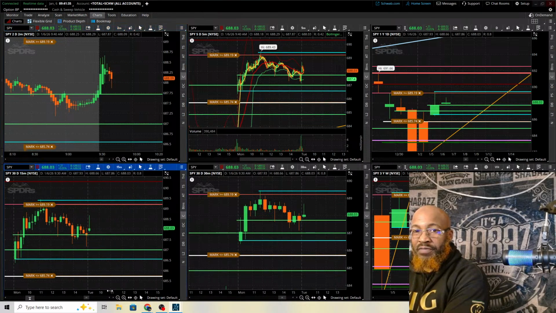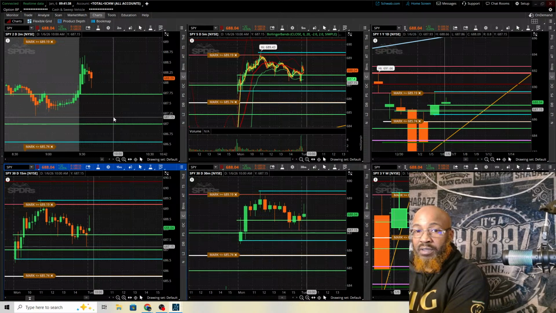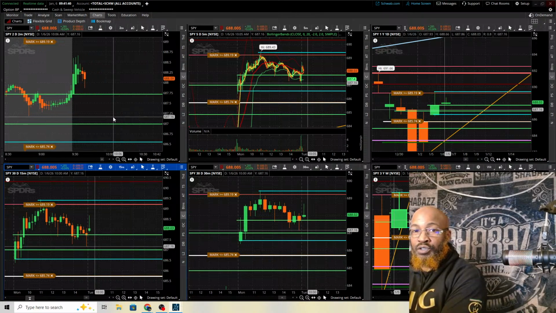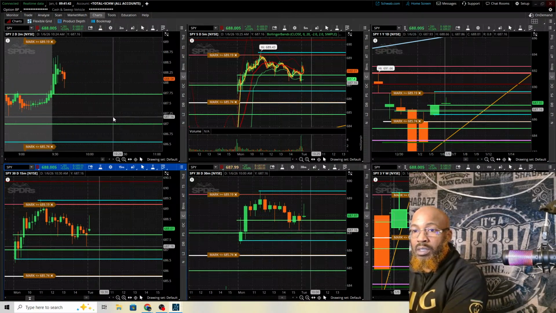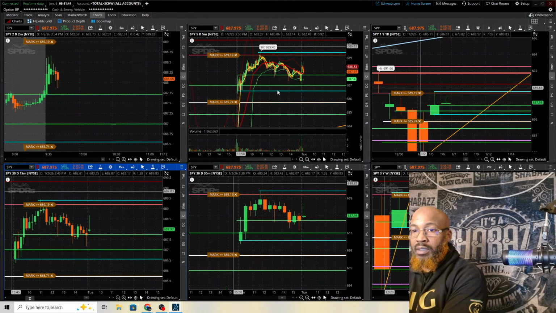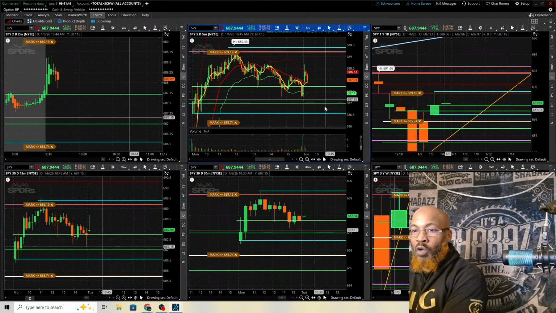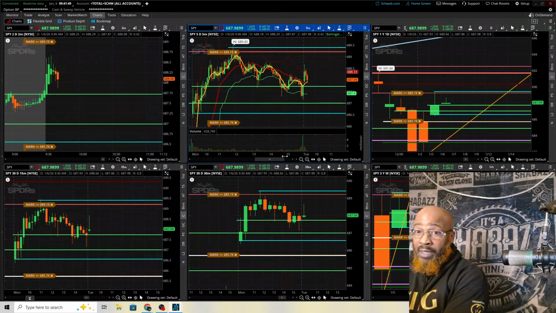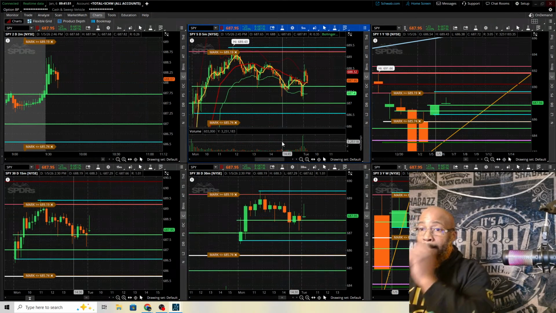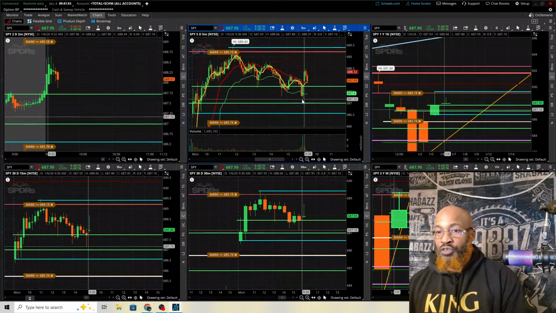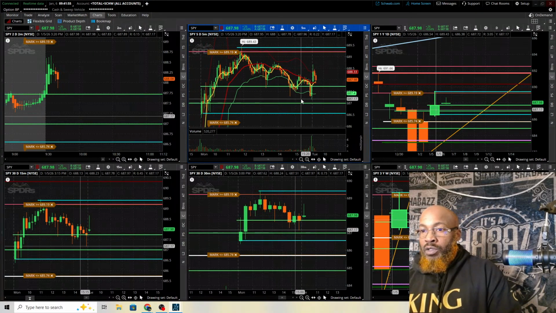Bottom left. Top left is the 2-minute chart. And in the middle again is the 5. We always want to look at the higher time frames, okay? And then look for entry on the lower time frames.